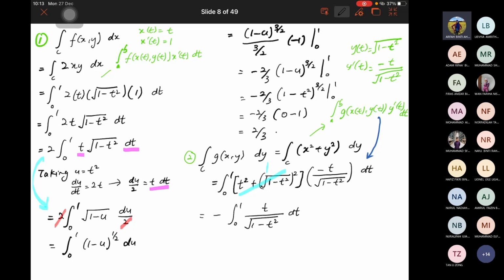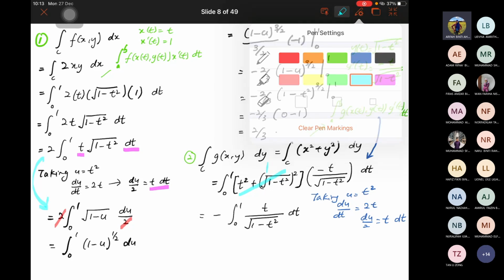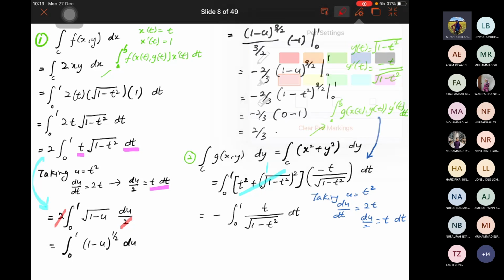Okay. So by using substitution as well, taking u equal to t squared, du over dt equal to 2t. So du per 2 equal to t dt. So the term t dt kita dapat dekat sini. T dt.